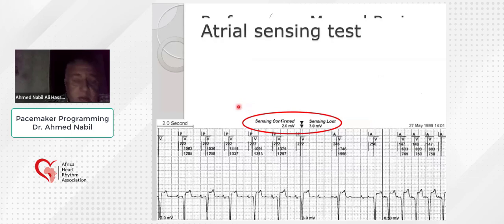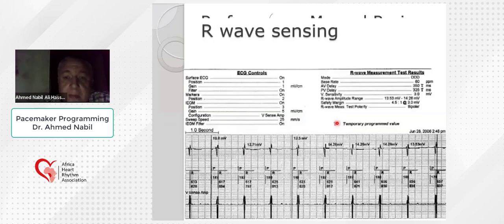This is an example of the atrial sensing test from an atrial lead. When the value was at 2 millivolts, it was sensing. When I increased the value to 3 millivolts, it lost the sensing. So this means that the sensing value is at 2 millivolts.